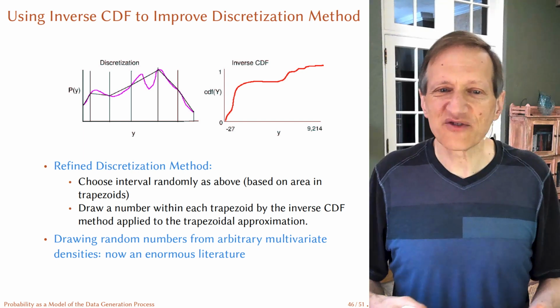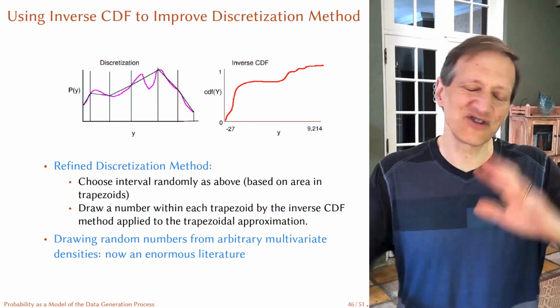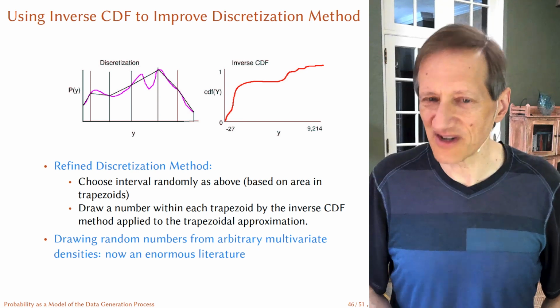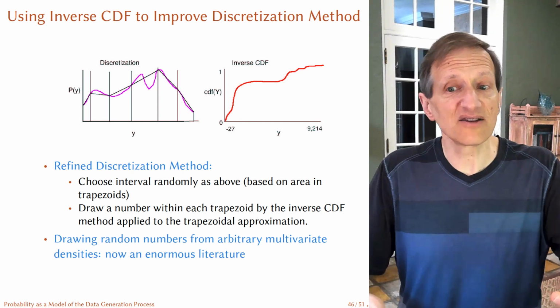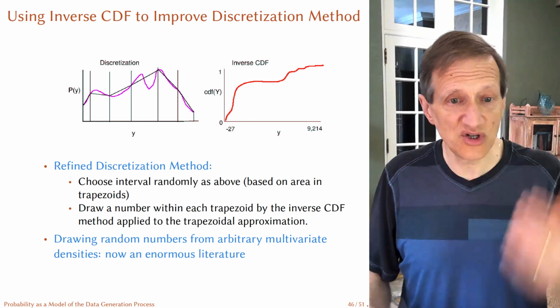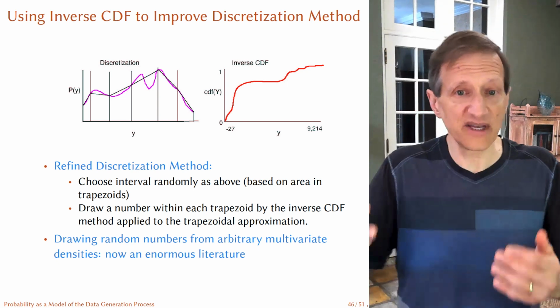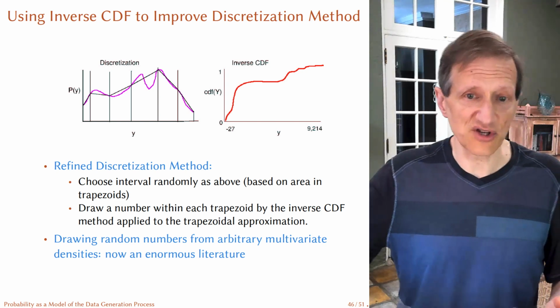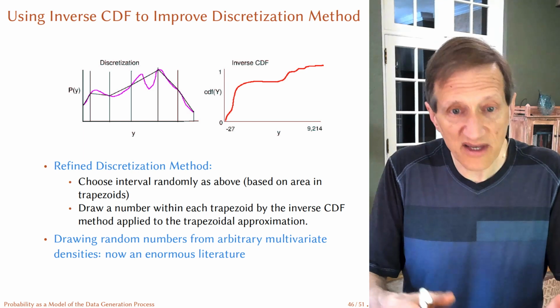Drawing random numbers from arbitrary multivariate densities, you have to go to this other literature that I mentioned because there's a lot of work there. It has made things possible to do that we thought would take centuries of developments in computer technology, right? Because you could just calculate things directly.